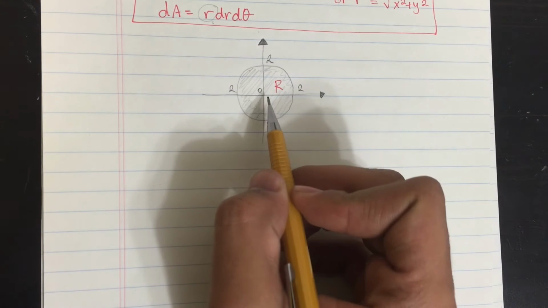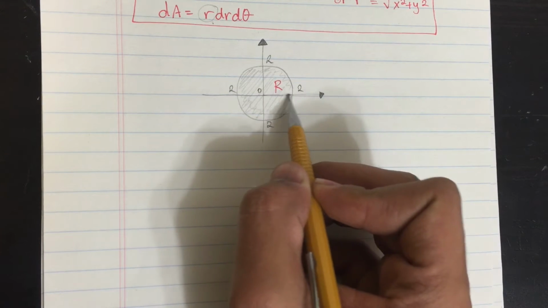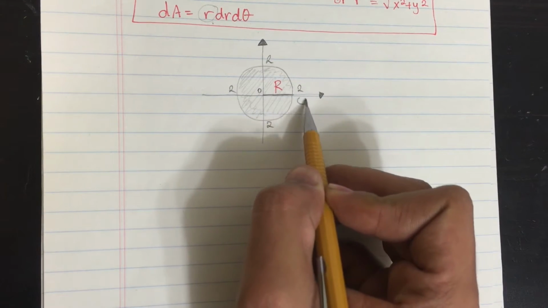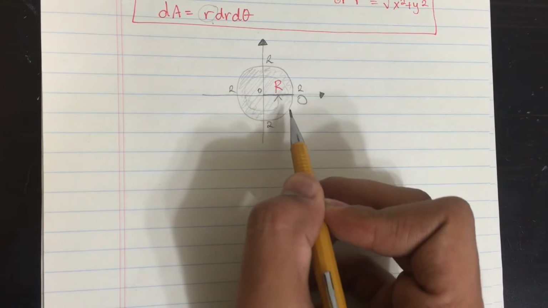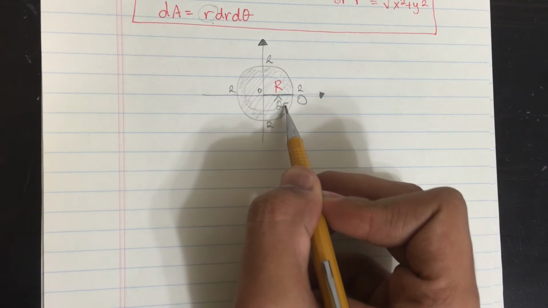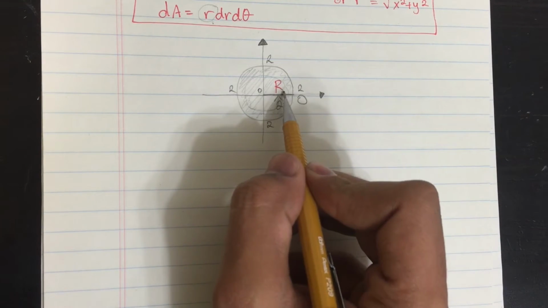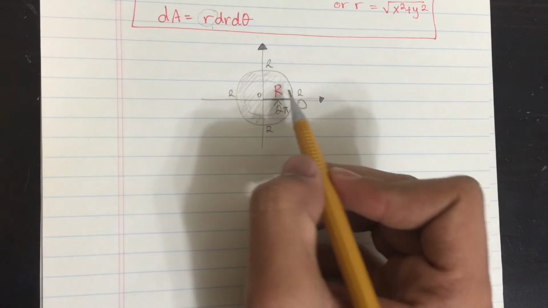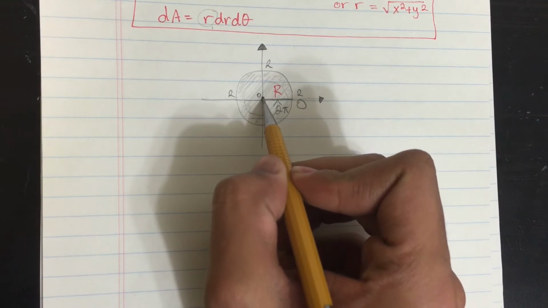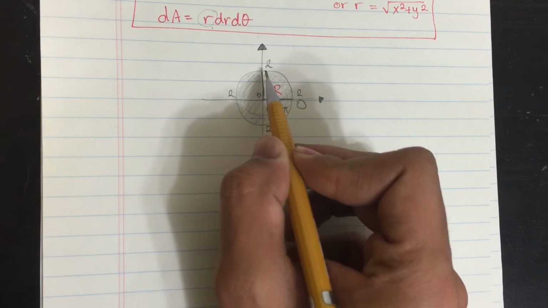So we can see that theta is going from 0 to 2 pi, right? So we're going from 0 to 2 pi, and we can see that r is expanding from 0 to 2.